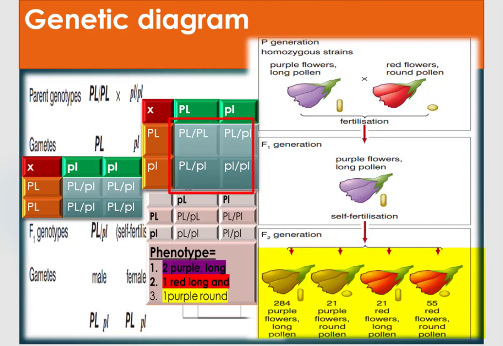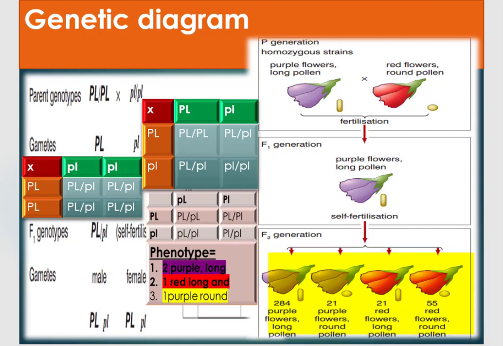They also found other probable offspring. These could be capital P capital L slash small p capital L, small p capital L slash small p small l, capital P capital L slash capital P small l, capital P small l slash small p small l.